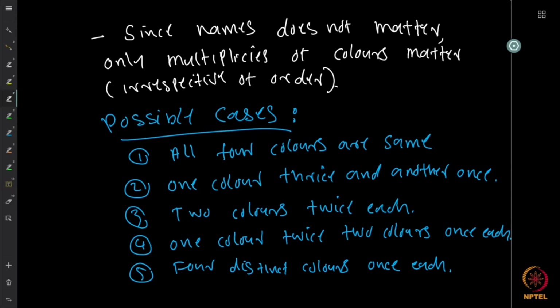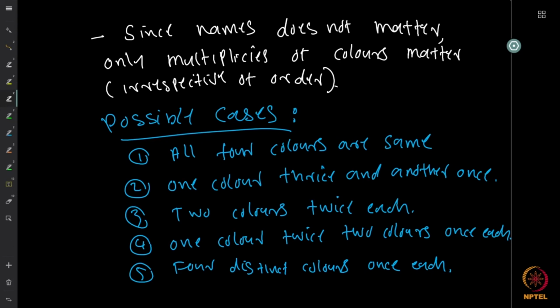So what are the possible cases? One possible case is that all four squares are the same color, right? We have R1 appearing in all vertices, R2 appearing in all, etc. Or one color appears thrice and another one appears once, right? This is another possibility. We have only four squares to color, right?